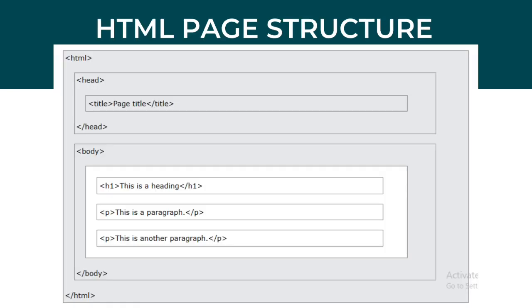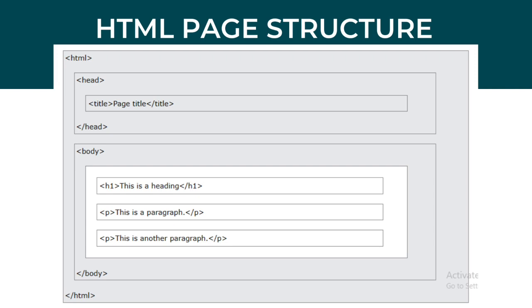Now let's move forward and see the HTML page structure. Here is the visualization of an HTML page structure. First of all, we add the HTML tag, which is closed by /HTML. Then inside the HTML, we use the head tag. Inside the head tag, we use the title tag where we write the title of our web page.